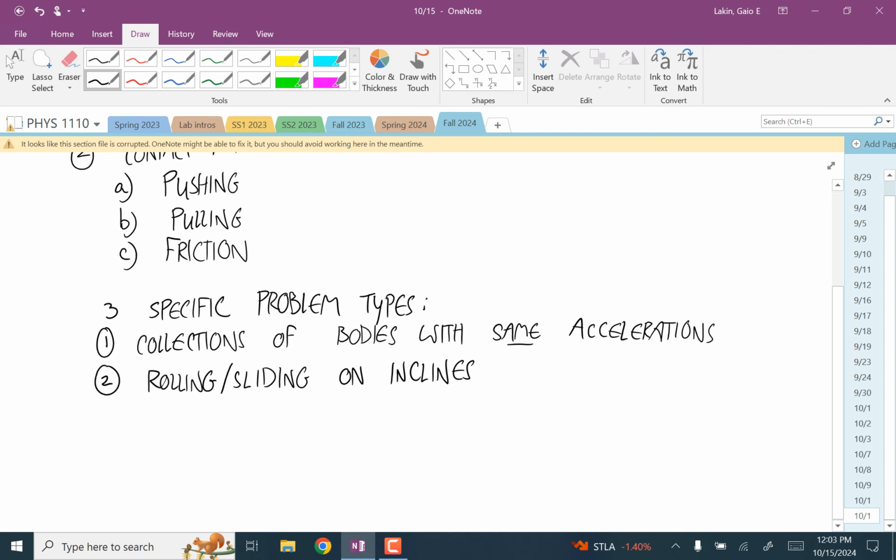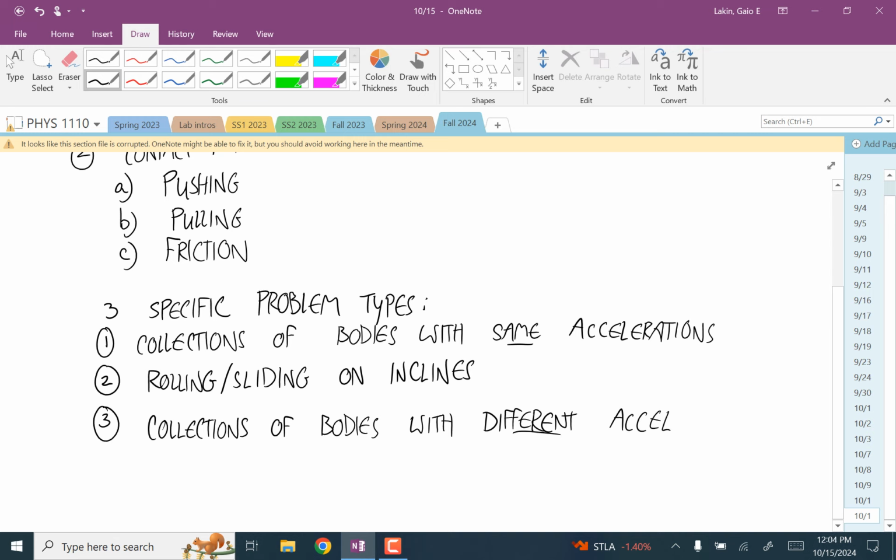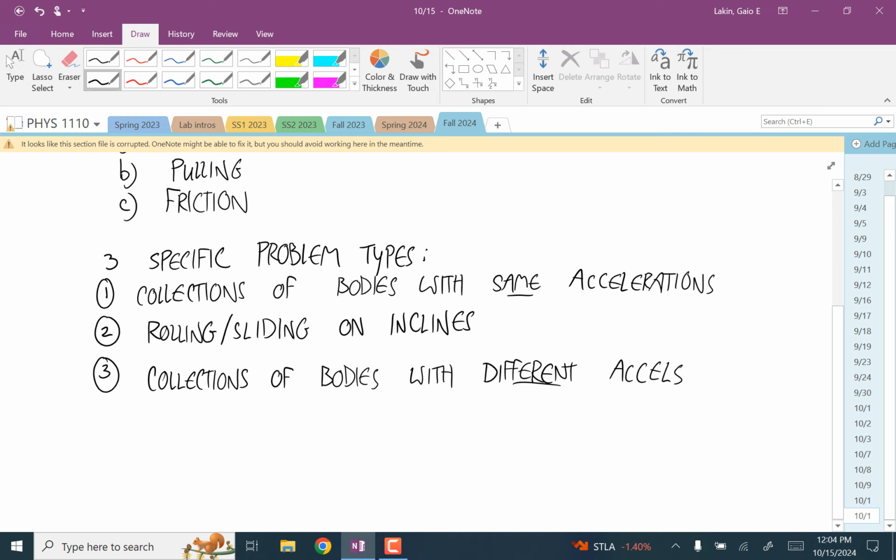And then the last thing we're going to get to next class, not today, is collections of bodies with different accelerations. And when you get to this, it's all going to be involving cables and pulleys.